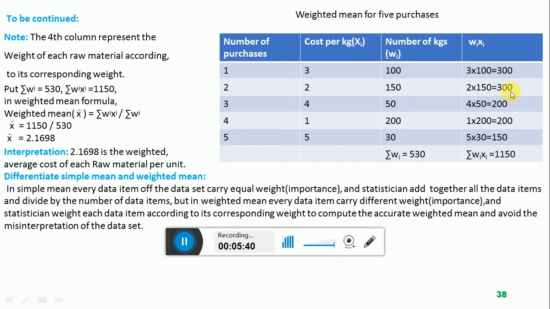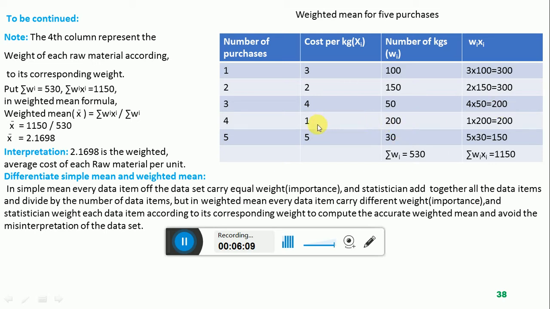This is the total cost the company will pay to purchase 150 kgs of the second raw material. Now the third raw material: the weight is 50 kgs and the per kg cost is $4, so 4 multiplied by 50 is equal to $200. This is the total cost the company has to pay to purchase 50 kgs of the third raw material.